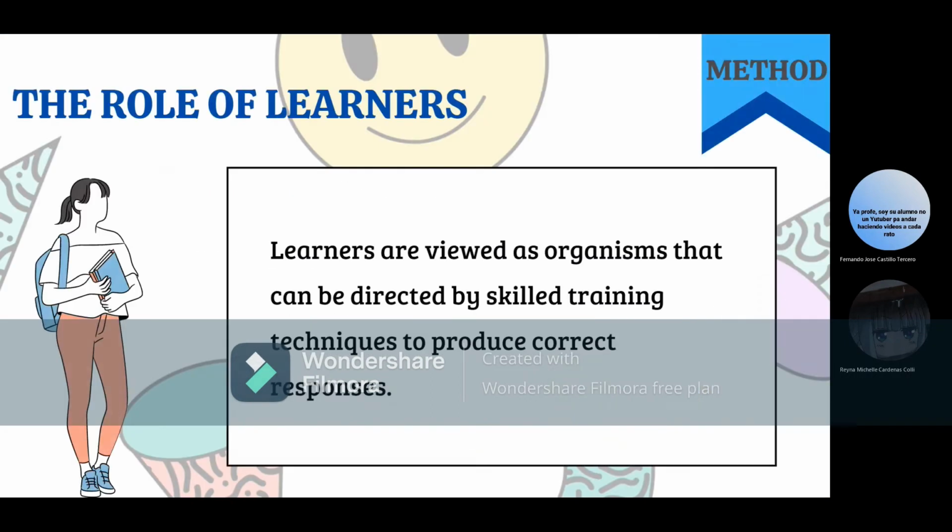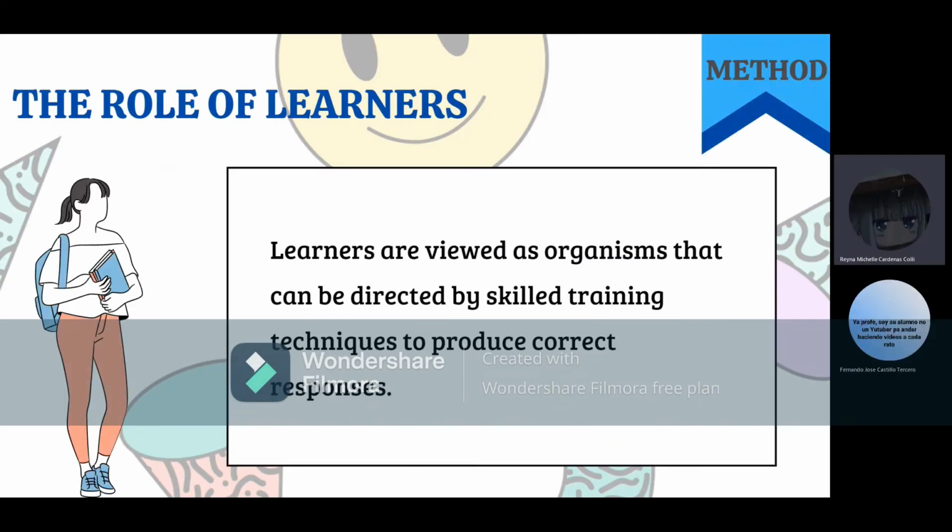The role of the learners in the method. Learners are viewed as organisms that can be directed by skill training techniques to produce correct responses. The students will be guided by the teacher and will have to answer accurately.